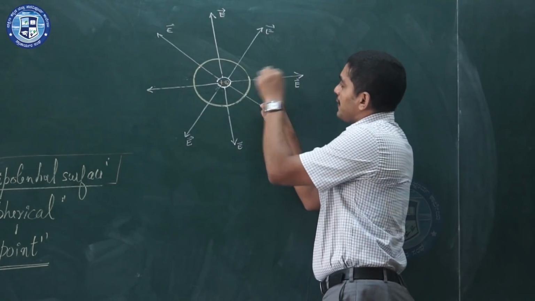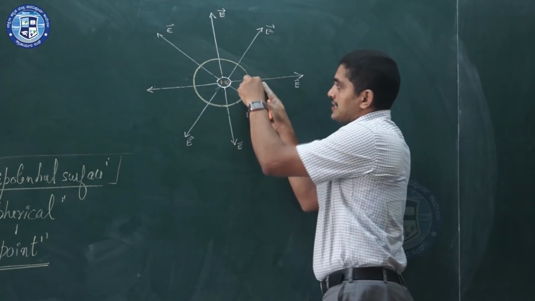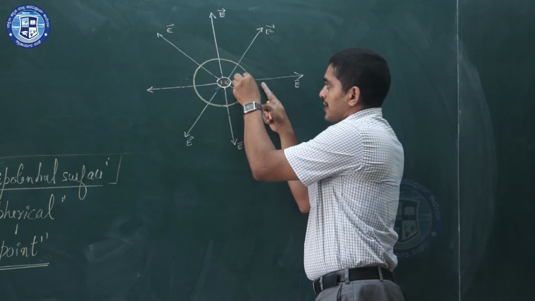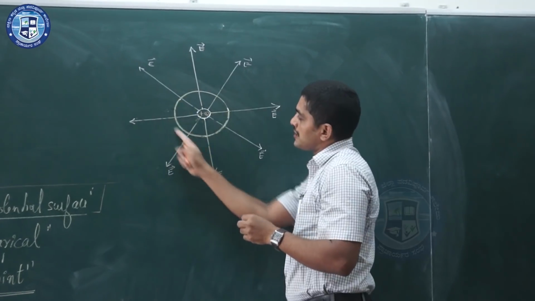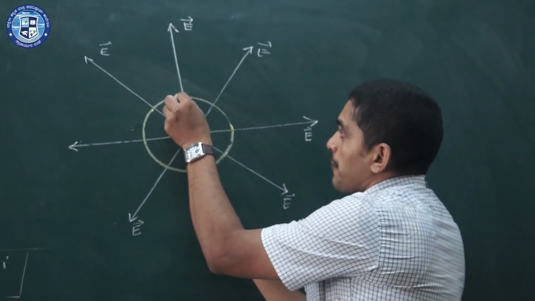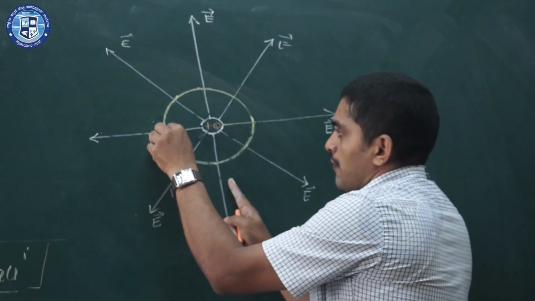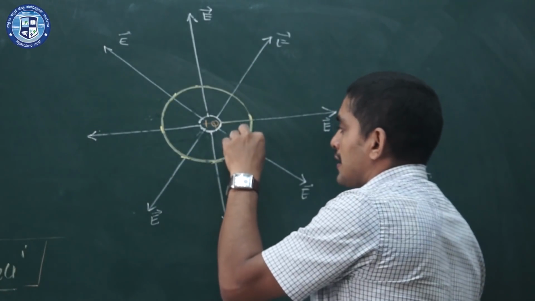The electric field line comes along the radius of this equipotential surface. So anywhere you draw, the equipotential surface at every point is perpendicular to the electric field line.